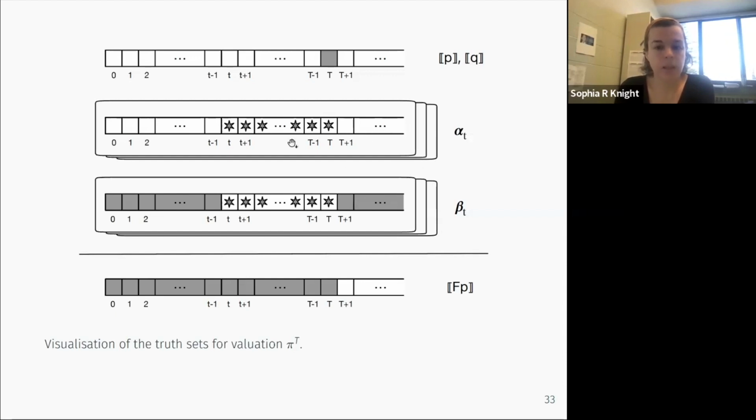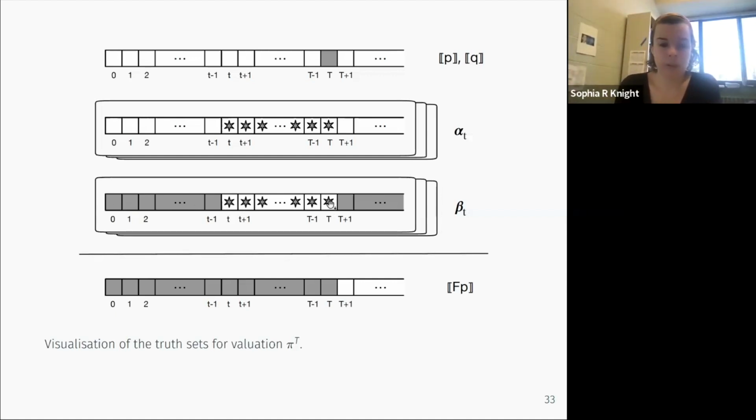And then beta T is, and these are different kinds of wild cards. So we consider all the possibilities of truth values between little t and big T. So we have a set of 2 to the n alpha little t models, or 2 to the big T minus little t. Doesn't matter how many. And then here we have everything is true up till time little t.